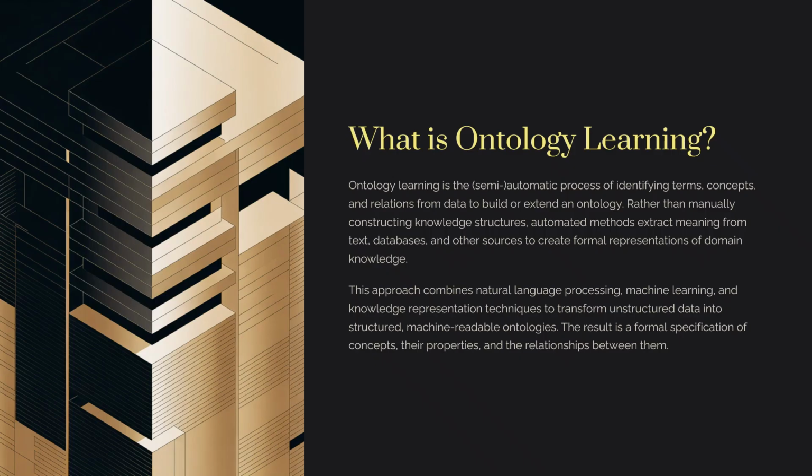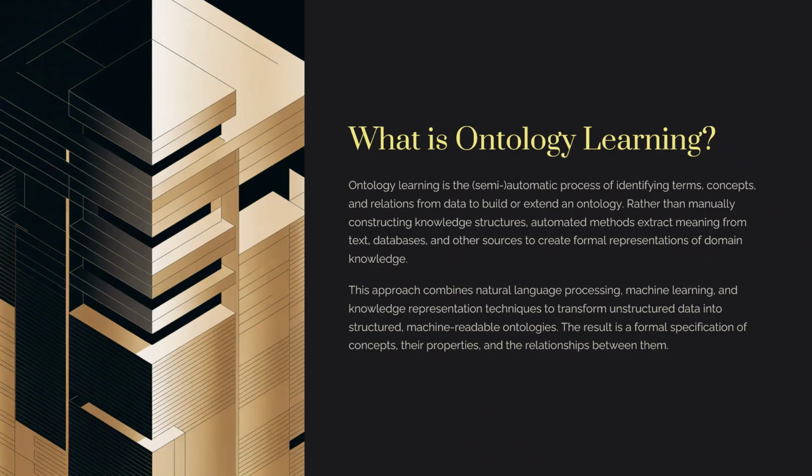The main objective of ontology learning is to transform unstructured data such as text documents into structured and machine readable knowledge, which the AI should be able to understand.